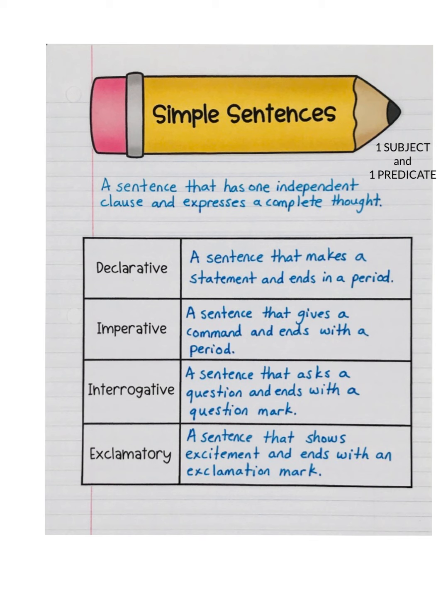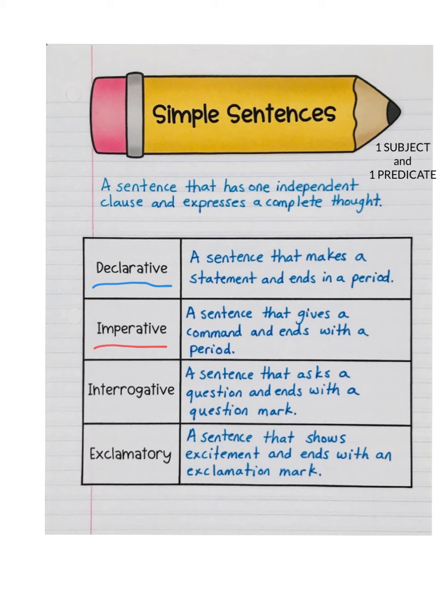There are different types of sentences. We can have a declarative sentence, and a declarative sentence makes a statement and ends in a period. Remember, the person is just declaring or stating something. An imperative sentence gives a command or makes a request and ends in a period.